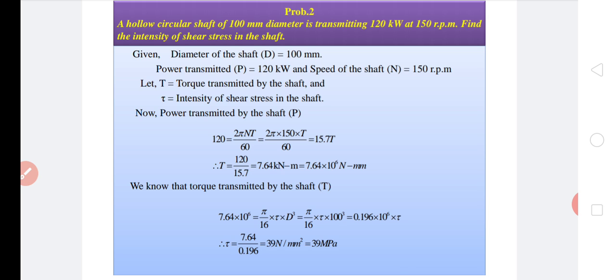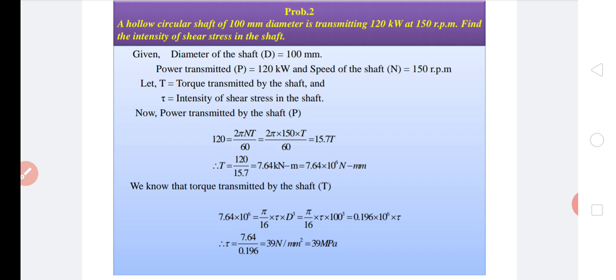Type is hollow circular shaft, that means here there are two diameters. 100 millimeter diameter is transmitting, that means the outer diameter is mentioned, that is 100 millimeter. Power transmitted P equals 120 kilowatt, and speed of the shaft N equals 150 rpm.